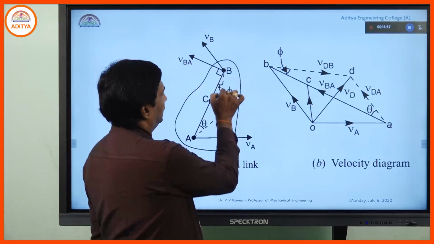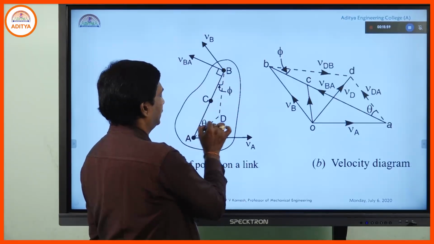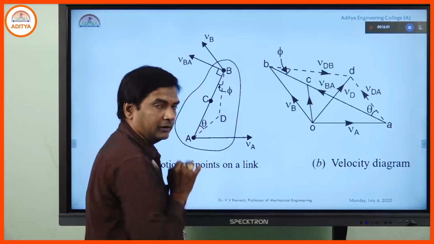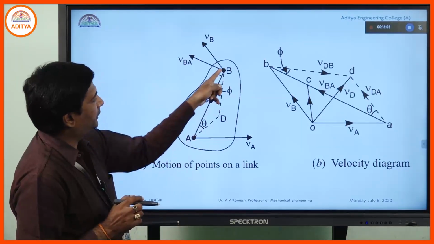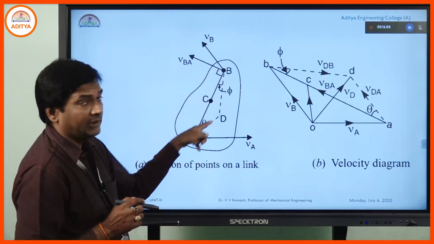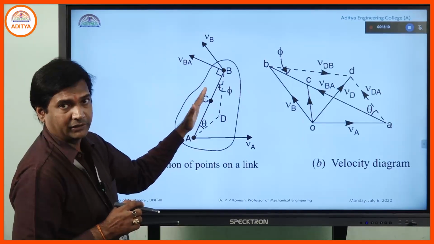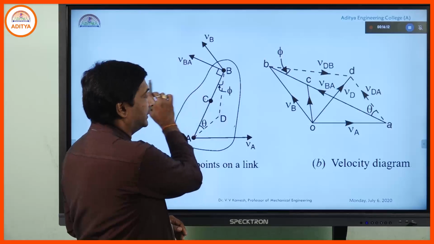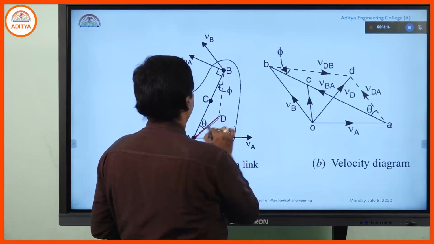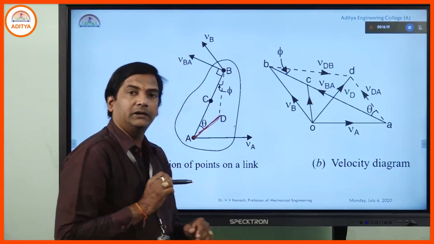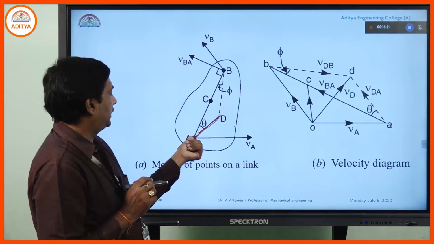So you join the starting points of the links, A to D and B to D. When we consider A, B, D as a single entity, then the body is moving in this direction and the line AD. So D is identified as a point on link AD.